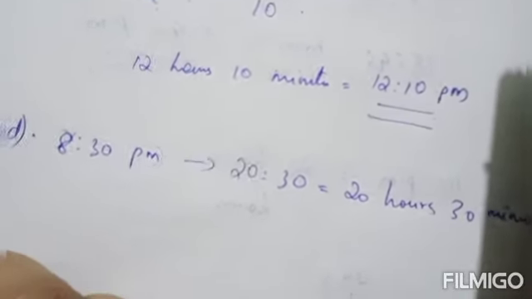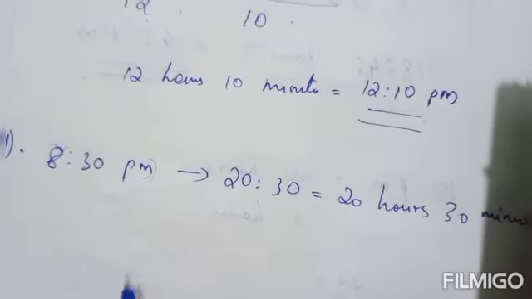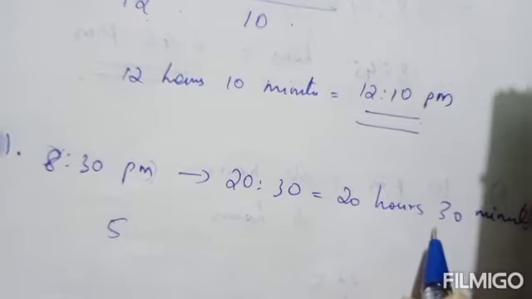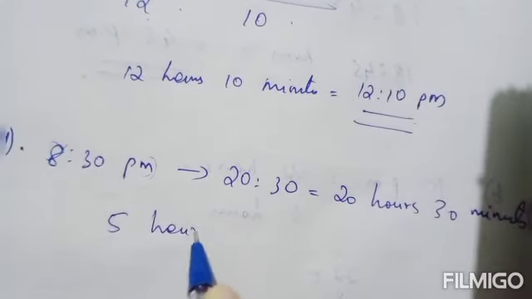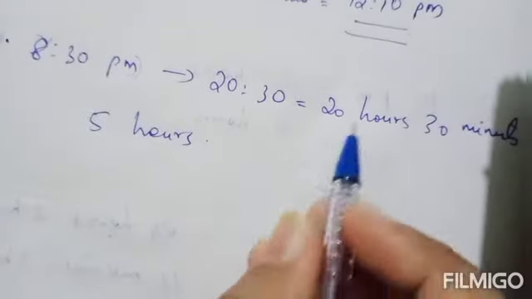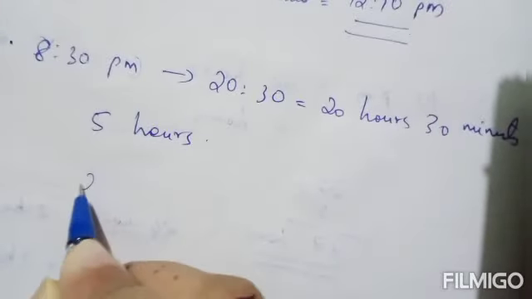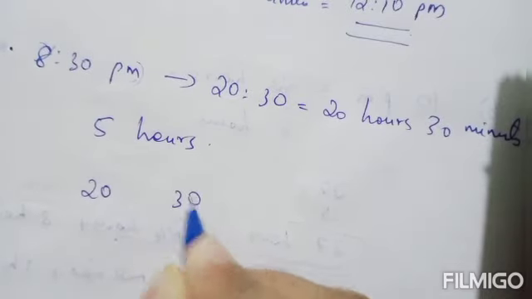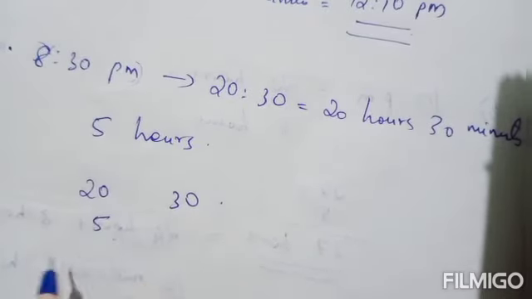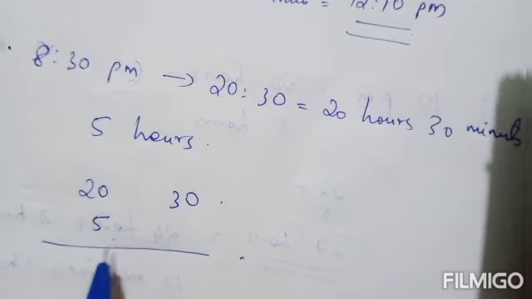Now 5 hours after 20 hours 30 minutes you have to find here. So how can you find? Just add these two times, 20:30 plus 5. What will you get?